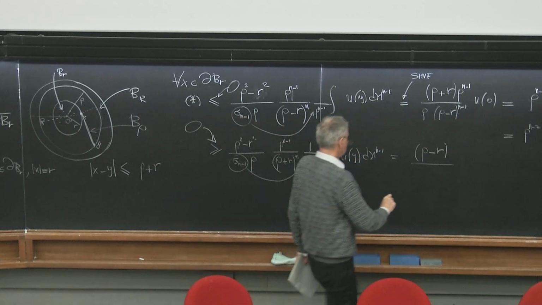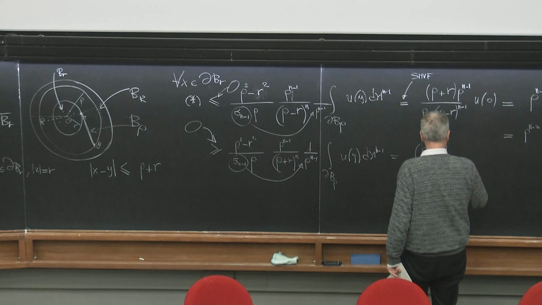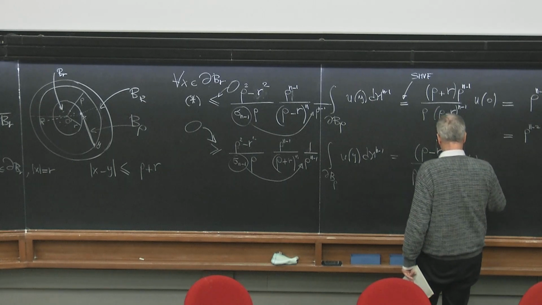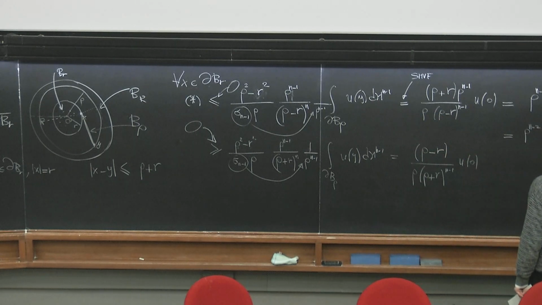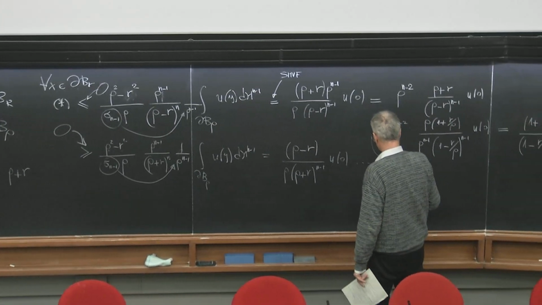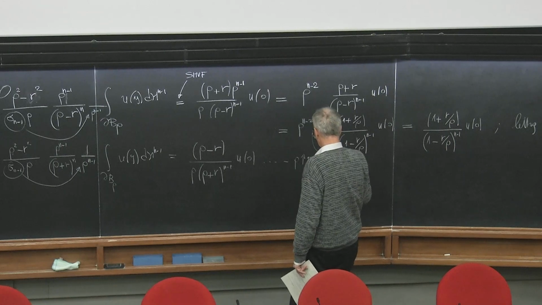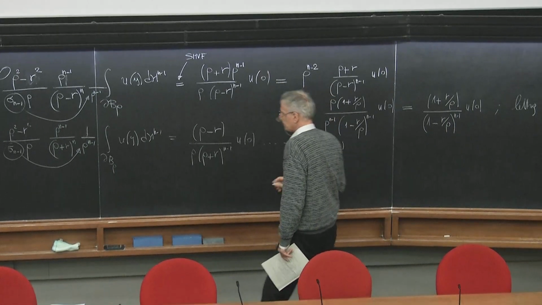So this becomes rho plus r to the n minus 1. And now the computation is the same, just divide by rho, let rho converge to r, and similar as before, this gives inequality 2.